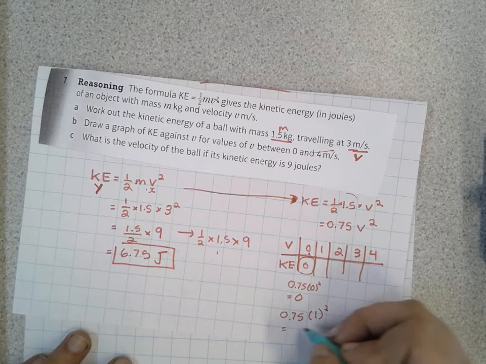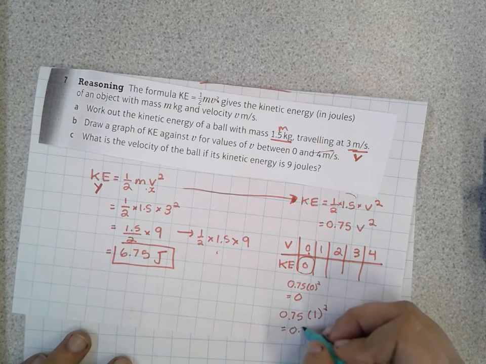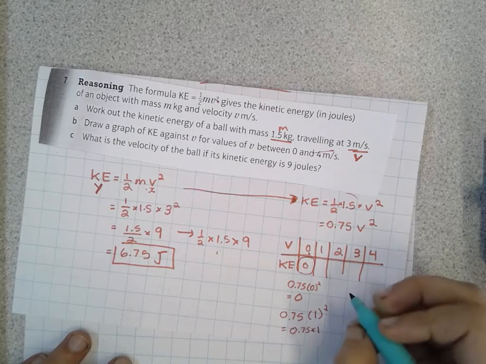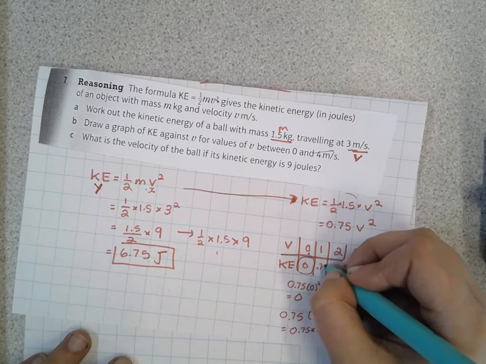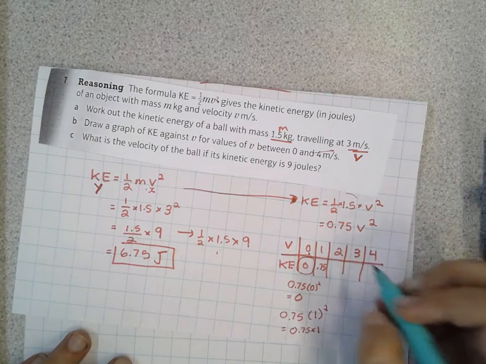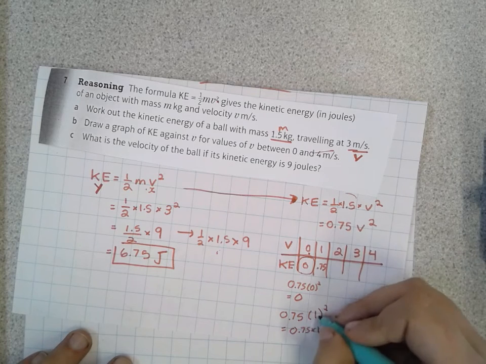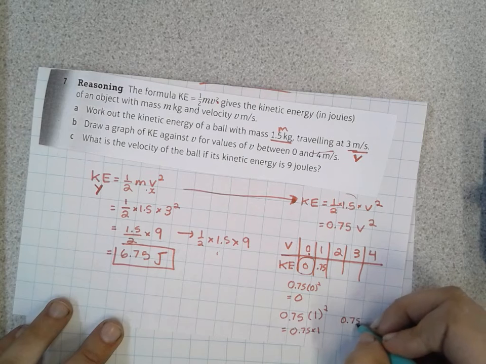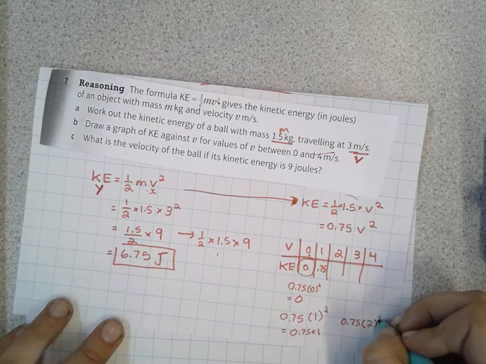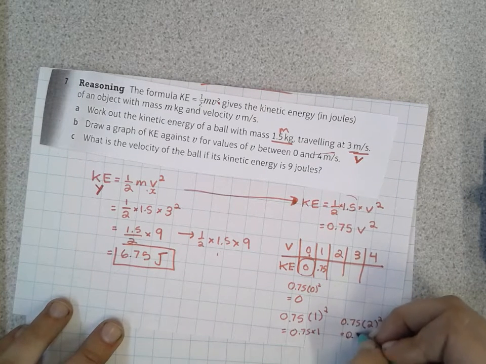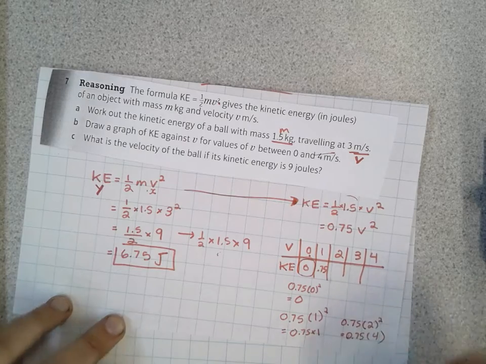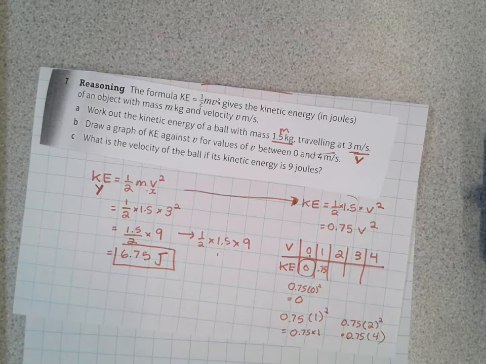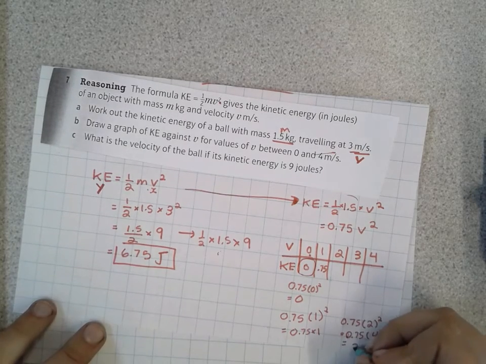You remember 1 squared just gives us 1, so we have 0.75 times 1. That's just going to give us 0.75. Our next one, 2. We're going to sub 2 into that equation there. So we're going to do 0.75 times 2 squared. That's 0.75 times 4. That gives us 3.